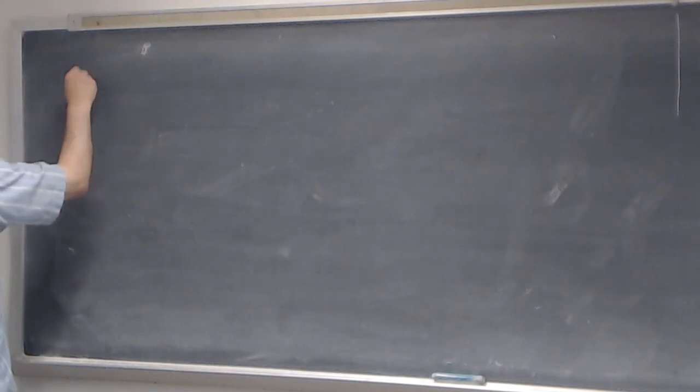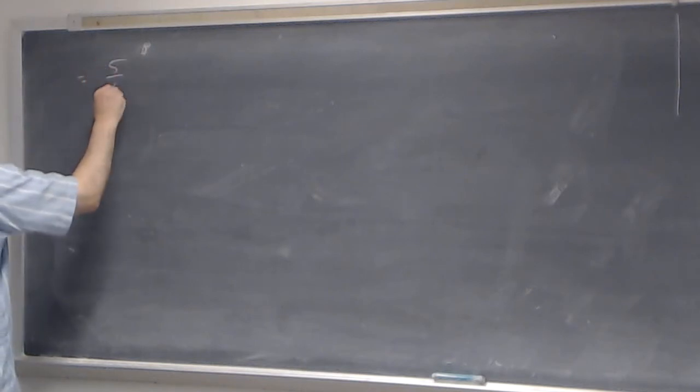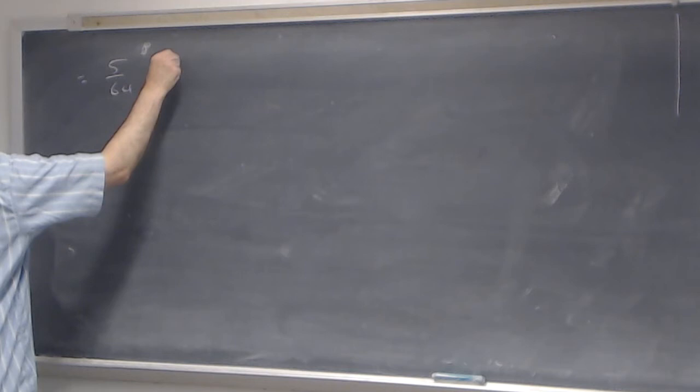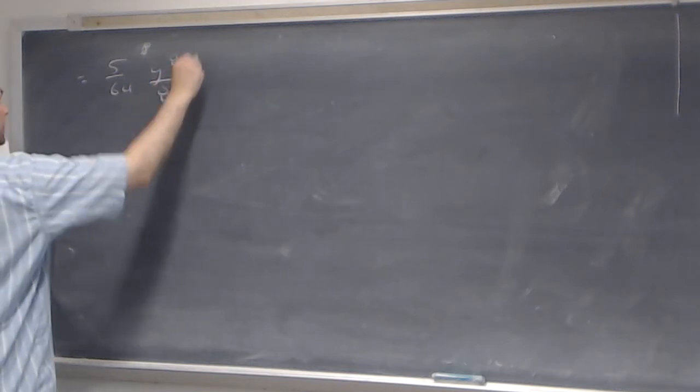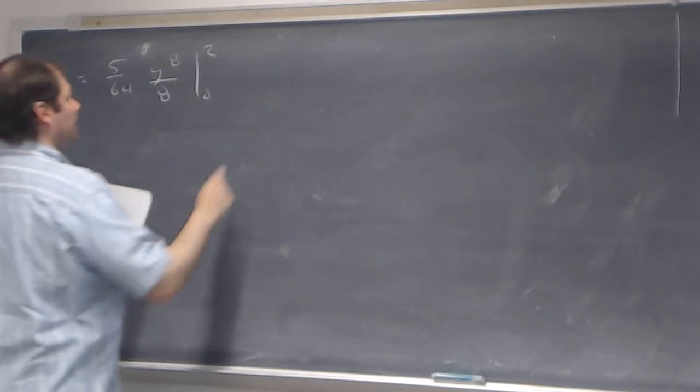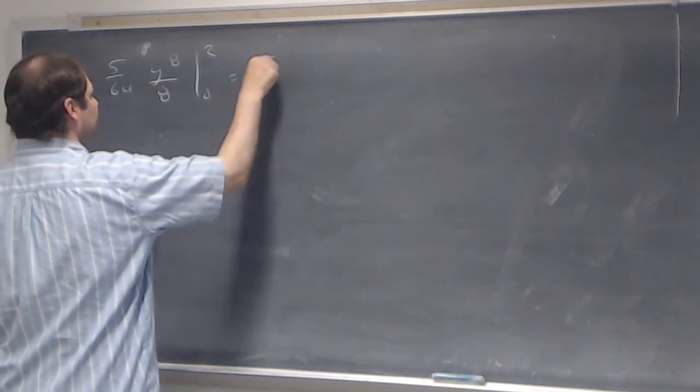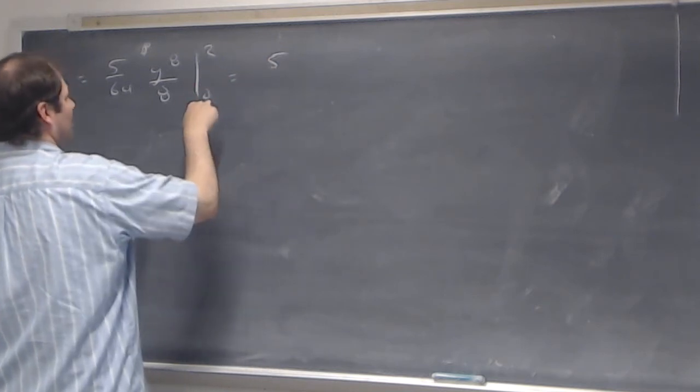Okay, and so completing that integral, this is going to be equal to 5 over 64 y to the 8 over 8, evaluated from 0 to 2. Now look, the way I think about this, this is 5. I stick in 2. When I stick in 0, I'm getting nothing.